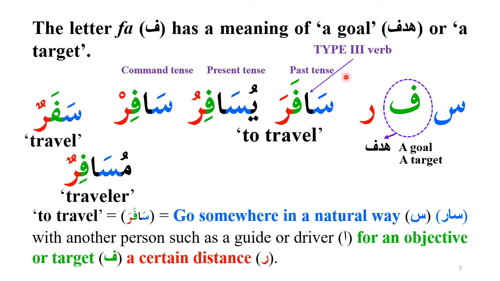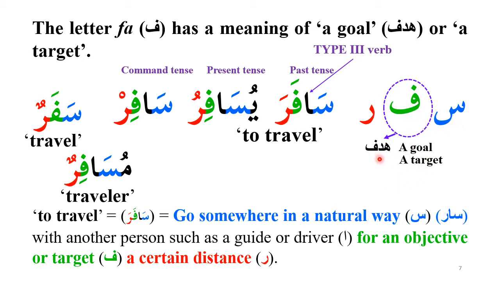So far the verbs that I've discussed are type 1, where no additional letter is present. In type 3 verbs, an extra Alif is present. For example, you can see the word Safara, which means to travel. Our Sin and Ra are also there, and there is an additional Fa in between the Sin and Ra, and this Fa indicates a goal or a target, a hadaf.